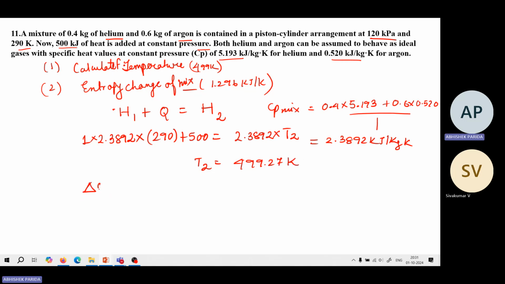So then delta S of the mixture. There we calculated for each species. You can directly write 2.3892, which is Cp, into ln of 499.27 divided by 290.